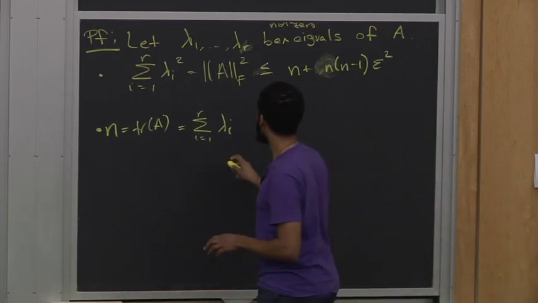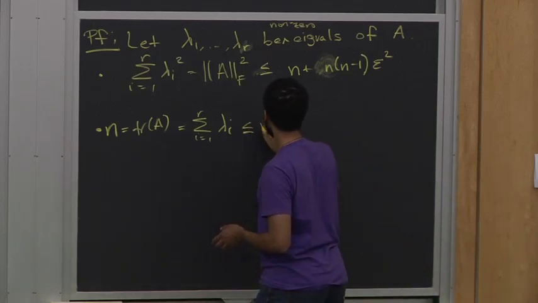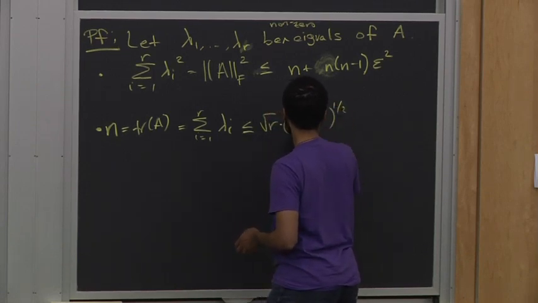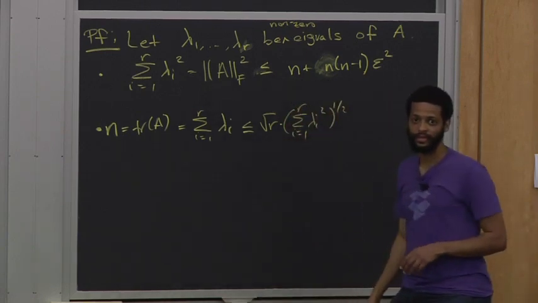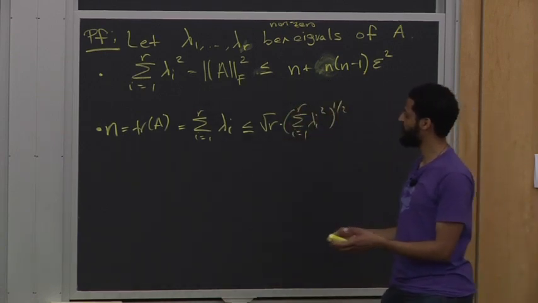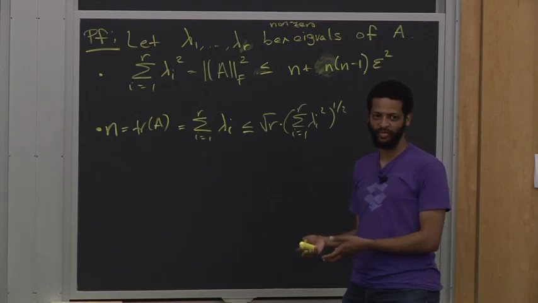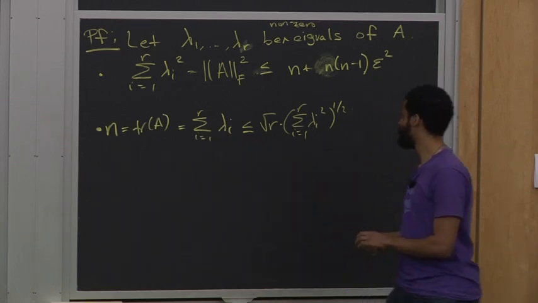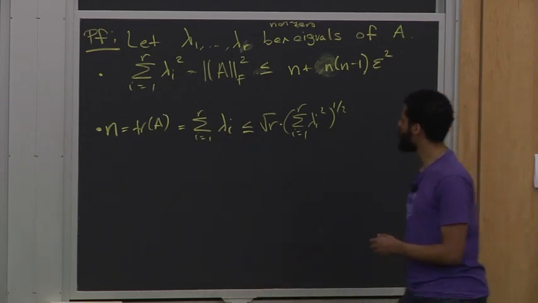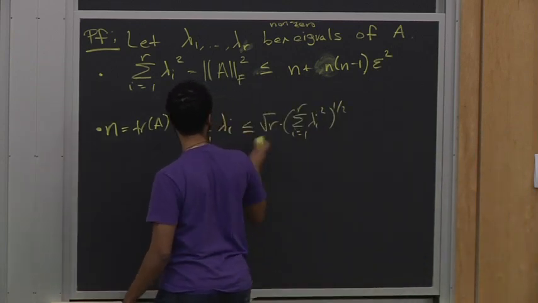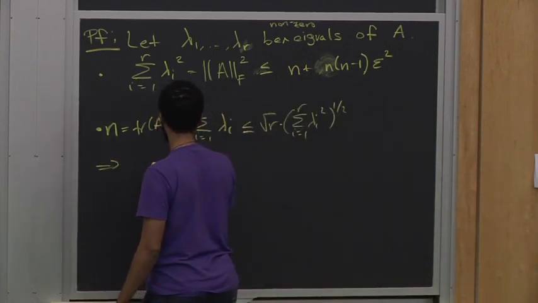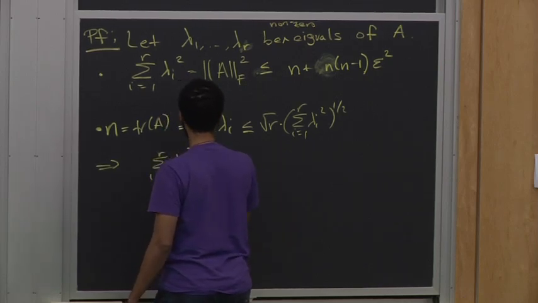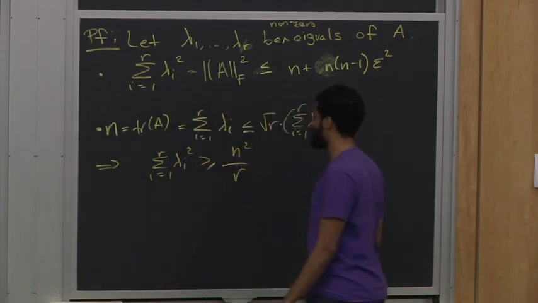And by Cauchy-Schwarz, this is at most root r times the sum of lambda_i squared to the 1/2. In general, the sum of a_i b_i is at most the L2 norm of a times the L2 norm of b. So a_i is lambda_i, b_i is 1. Do Cauchy-Schwarz, then square both sides and divide through by r. This implies that the sum of lambda_i squared, i from 1 to r, is at least n squared over r.